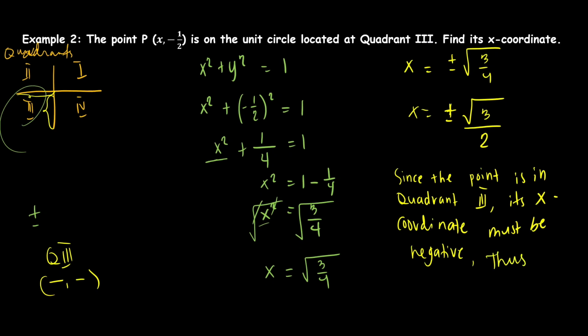Thus, x equals negative square root of 3 over 2. So that is our answer. X equals negative square root of 3 over 2.